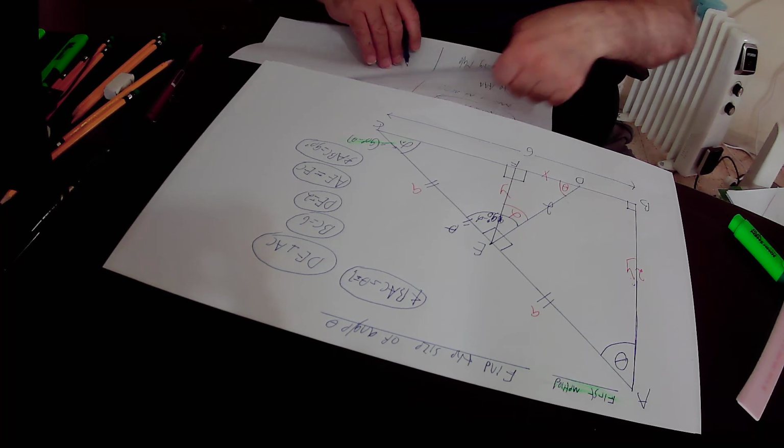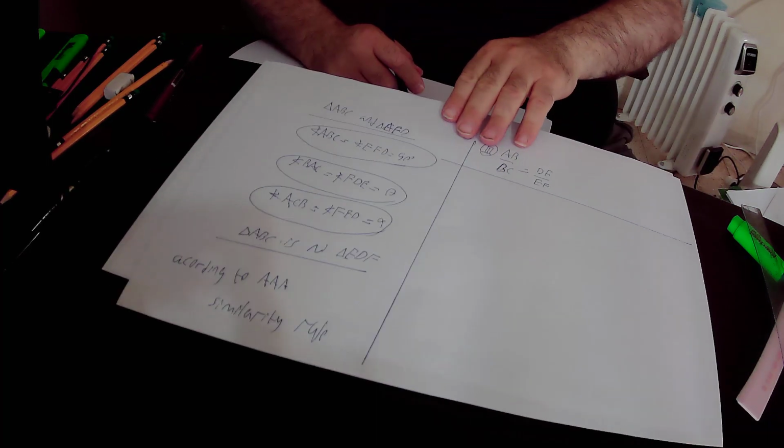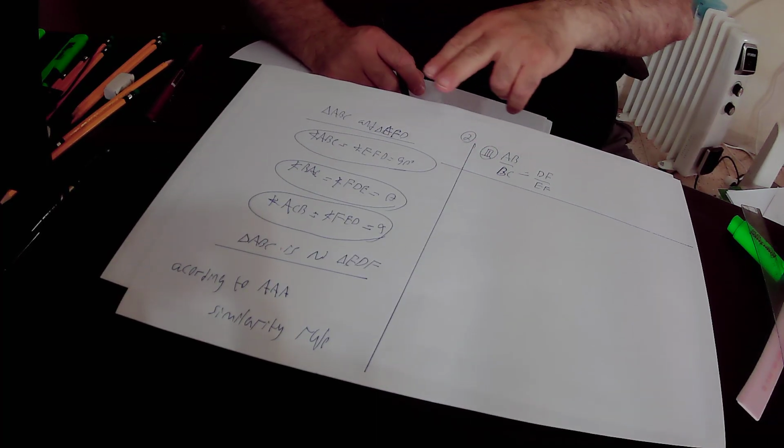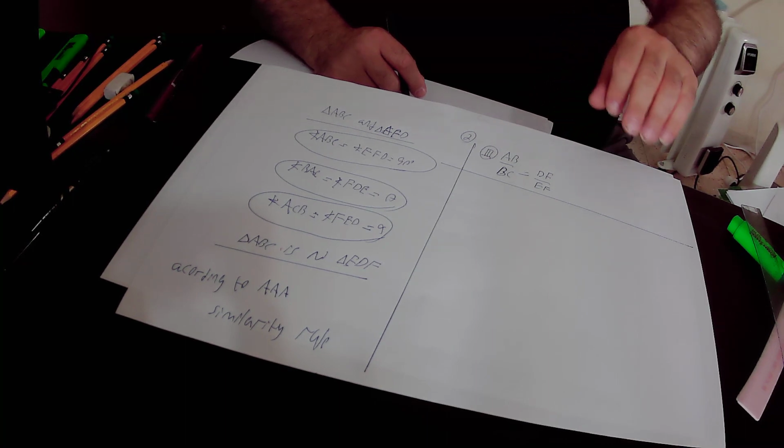I'll repeat again. From the fact that triangle EFD is similar to triangle ABC, we conclude that AB over BC equals DF over EF.